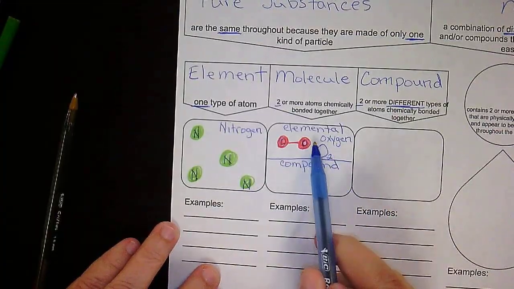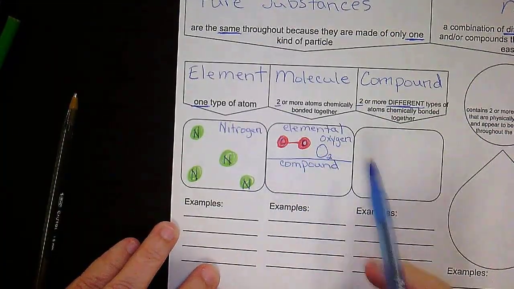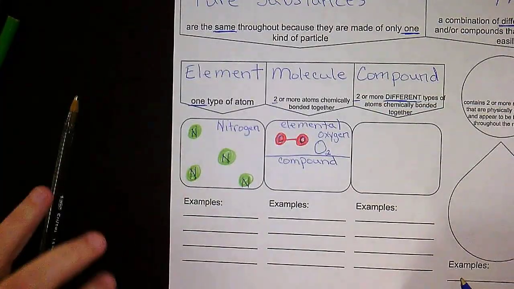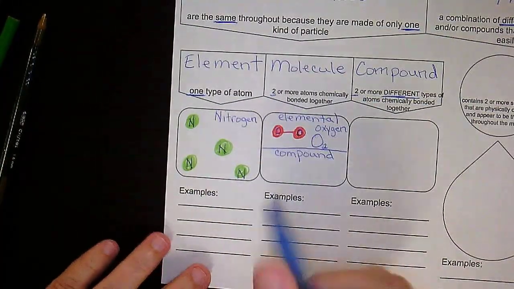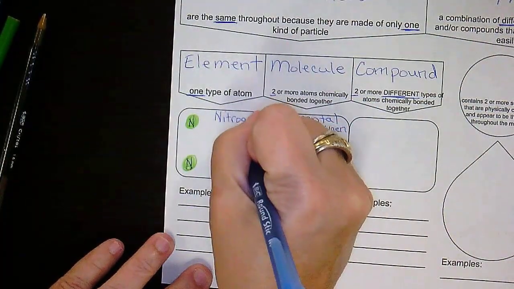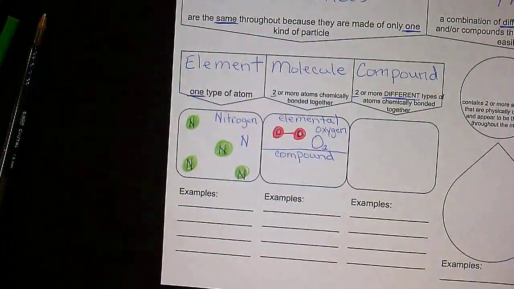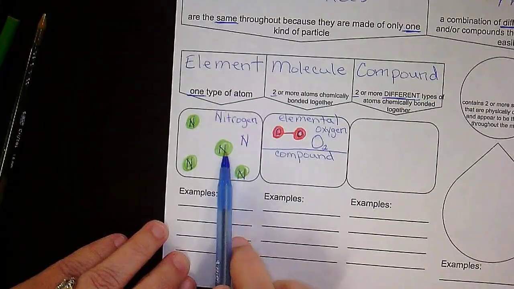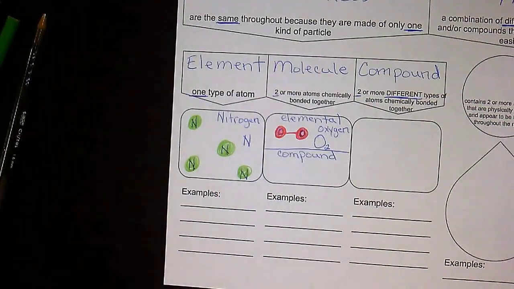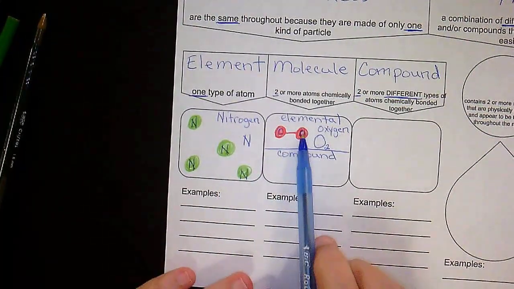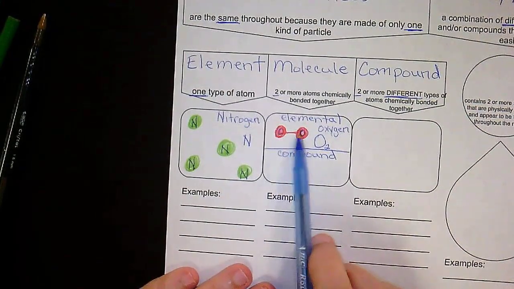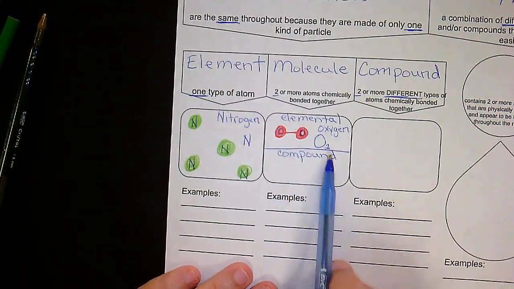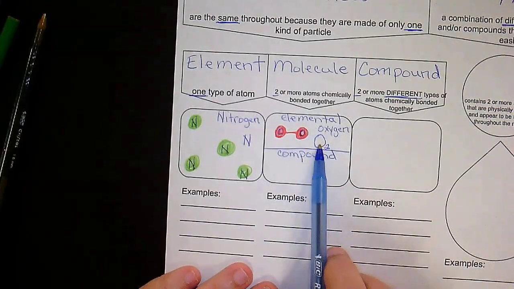So the 2 means there's 2 of them and they're bonded together. Okay, so that's what we breathe, is elemental molecules of oxygen. Nitrogen would just be written with a capital N, no number. Okay, it just means this is an element, this is an element, this is an element, they're all the same type. Here, they're both the same type, but they're bonded together, and there's 2, or more than one, right? So this is an elemental molecule.